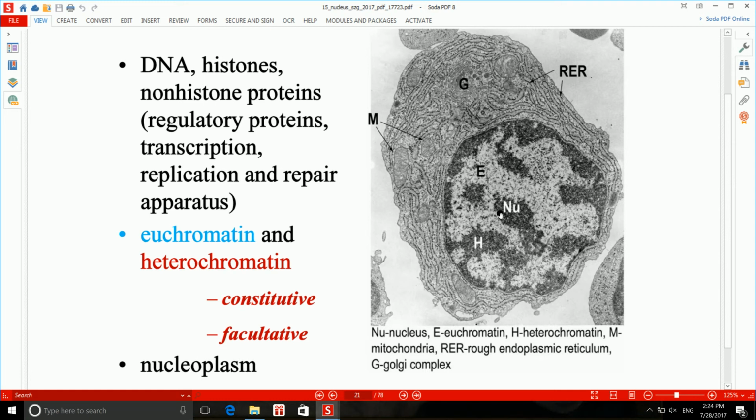These things happen in the case of euchromatin genes, because these are the genes that can be transcribed. That means that they are transcriptionally active, whereas heterochromatins cannot be transcribed, which means they are transcriptionally inactive.